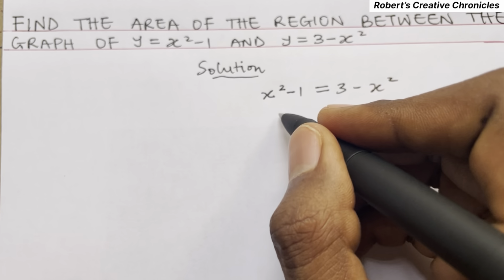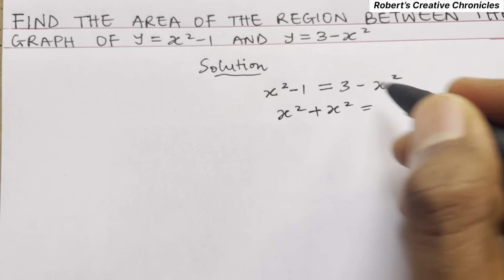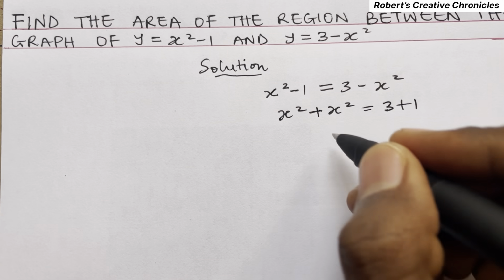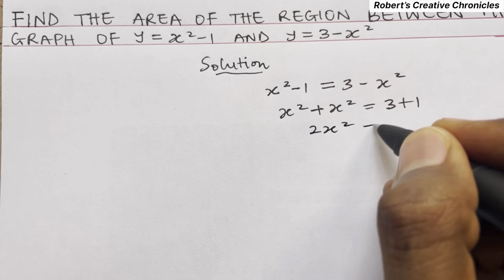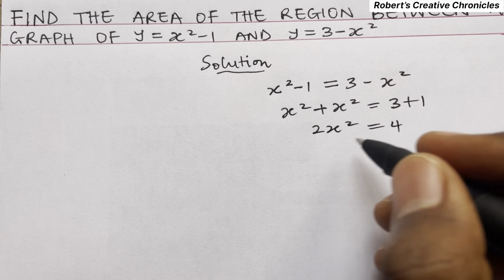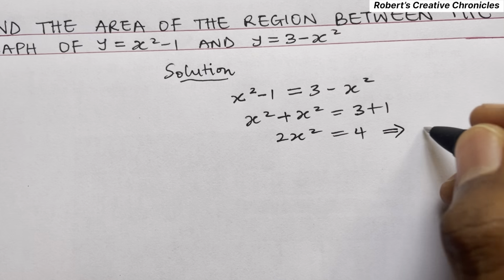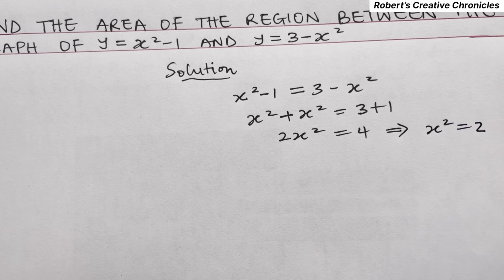So this will come here to become x squared plus x squared is equal to 3 plus 1. So this becomes 2x squared is equal to 4. Then we can divide both sides by 2, we will get x squared is equal to 2.